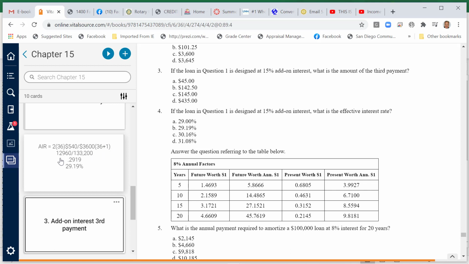So that comes down to 12,960 divided by 133,200. If I do that, it comes out to 29.19, moving my decimal point for percentage, 29.19%. So my guess was fairly accurate for the add-on interest rate. But once again, the only way to do this is either do a calculated guess or go back and use the formula.